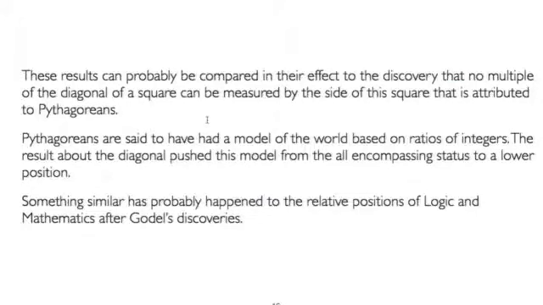But apparently, they had a model of the world in which everything was so beautiful and everything was based on ratios of various integers. And then this model had to be pushed to a lower status. And something like that, I think, was happening here with Gödel.